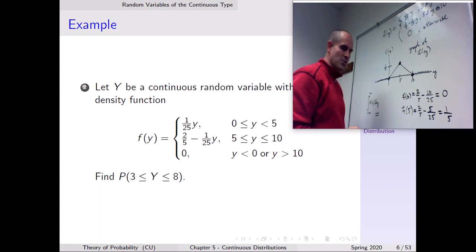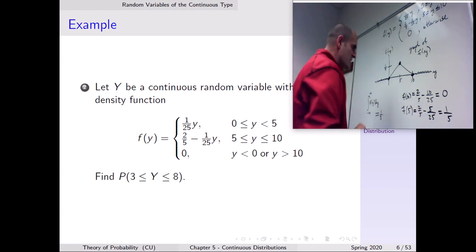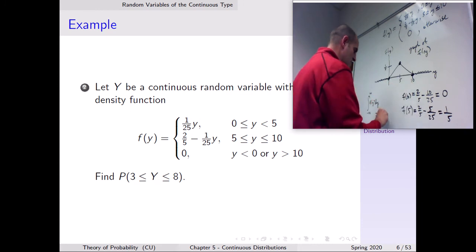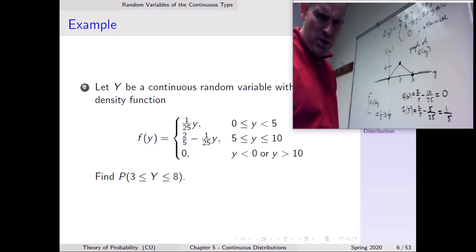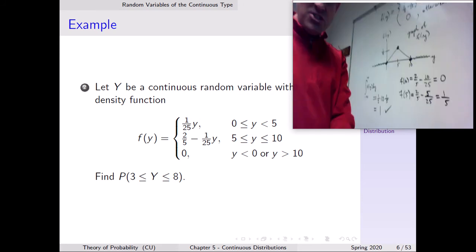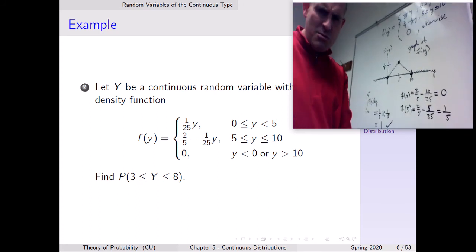That's just the area of a triangle. So that's 1/2 times the base length, which is 10, times the height, which is 1/5. 1/2 times 10 times 1/5. Well, 10 times 1/5 is 2, so I get 1 overall, which is good, because that's what should be true.